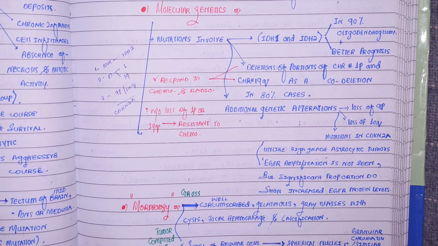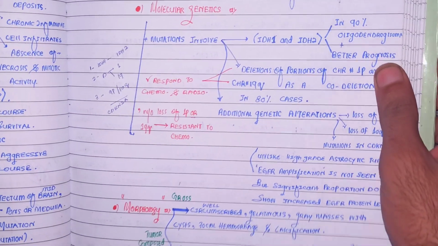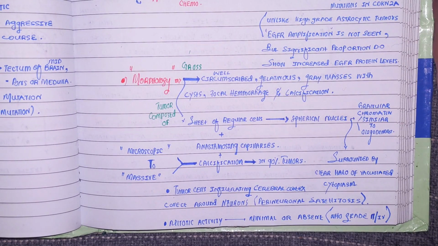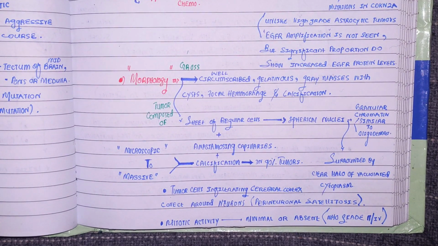If I take you to the morphology part of this tumor, just a second. The morphology part of this tumor, which tumor? Oligodendroglioma. So let's see the gross appearance and the microscopy. Grossly, this tumor is very well circumscribed, gelatinous gray masses with the cysts and the focal hemorrhage and the calcifications.